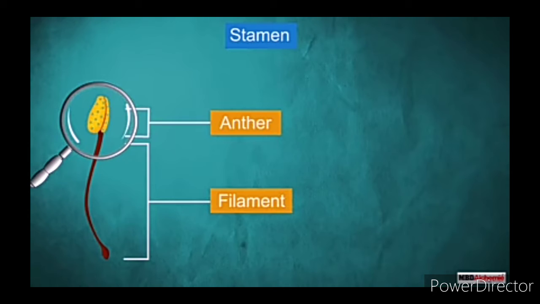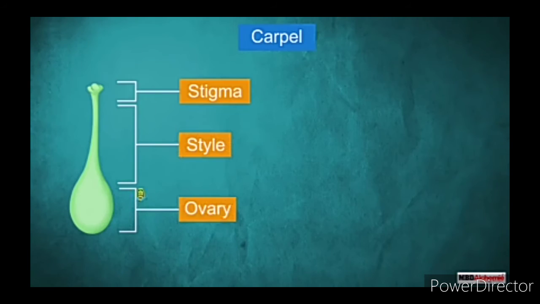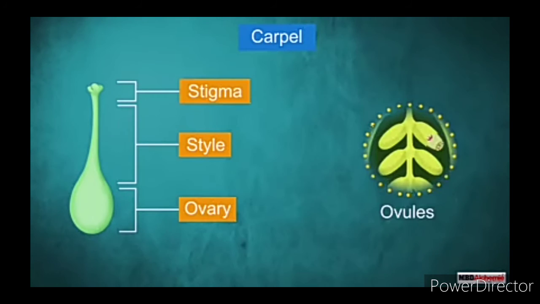The male reproductive part is called stamen and the female reproductive part is called carpel. The anther bears the pollen grain, which represents the male gametophyte. The carpel consists of three parts: ovary, style and stigma.